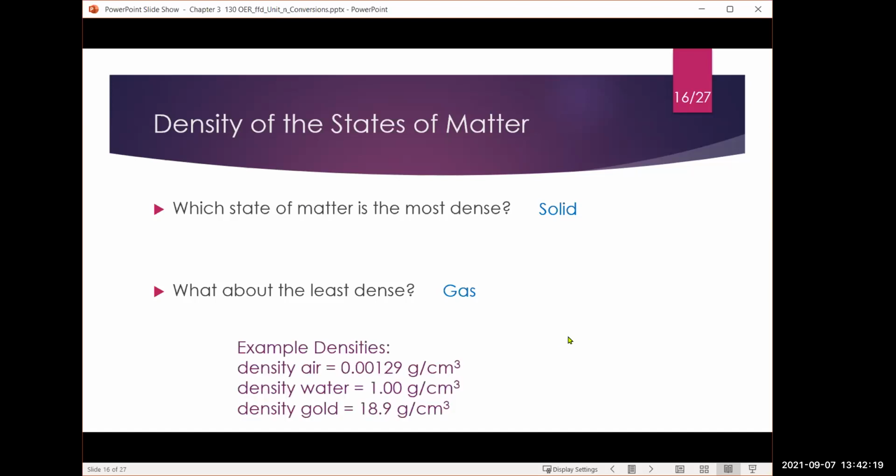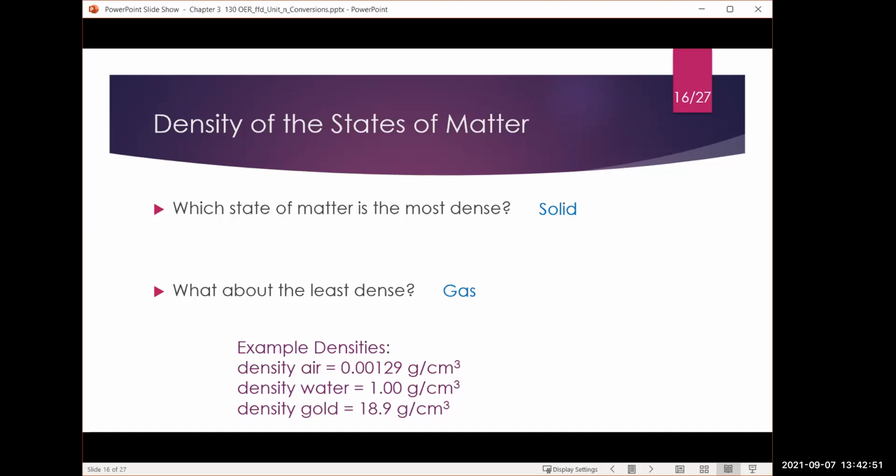Here's an example: gold has a density of 18.9 grams per cubic centimeter, pretty heavy. As a tool, we look at water: pure water at 25 degrees has a density of 1 gram per milliliter. Anything greater than 1, if it's not soluble in water, will drop like a rock.